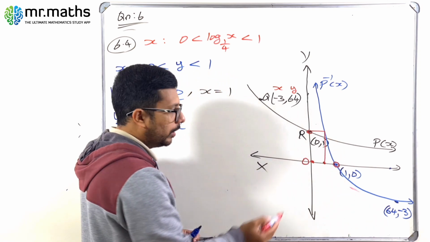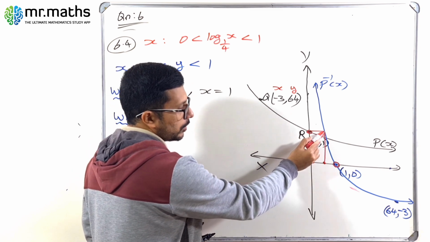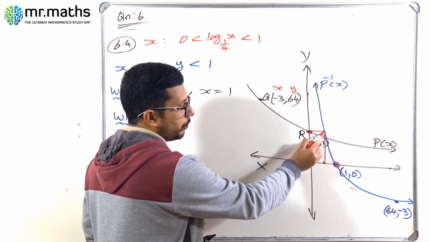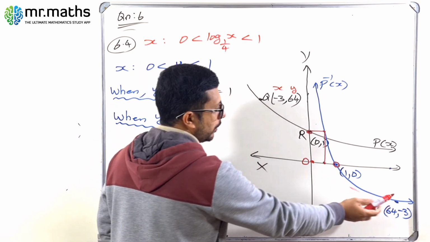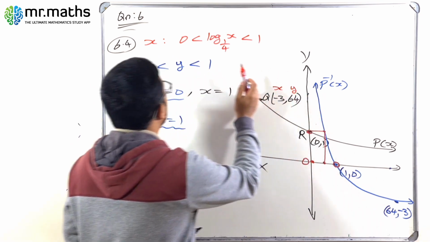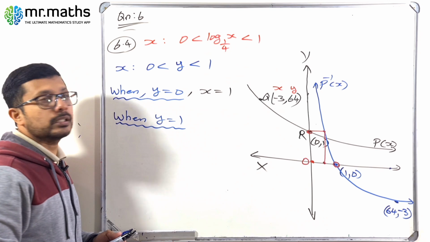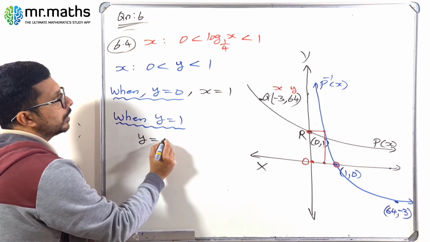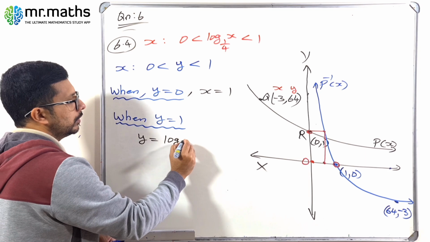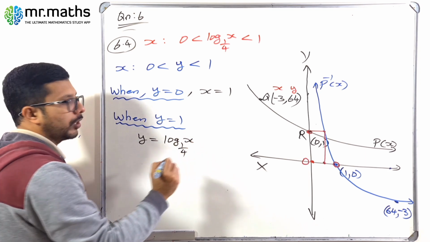So how can you find? We know the equation of this P inverse of x graph. What is the equation? Log x to the base 1 over 4. Okay, so let me write that equation. Y is equal to log x to the base 1 over 4.